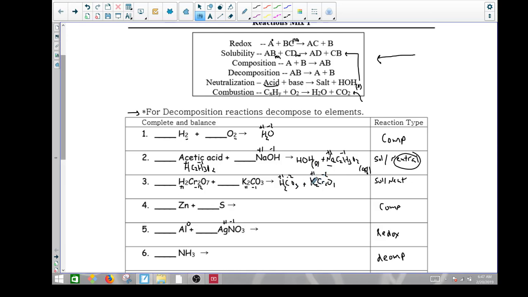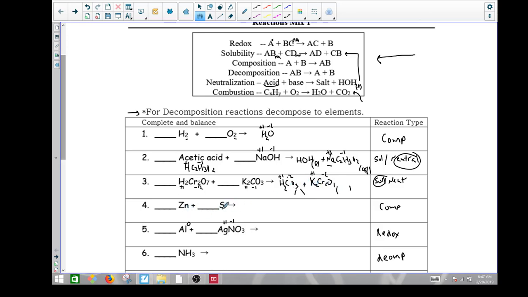This is not forming water, so we're going to call it a solubility reaction. You would check the solubilities of these two right here. And I'm not going to go through the solubility checking of that solubility chart. You can look that up if you'd like, but that's what I would do to verify that.